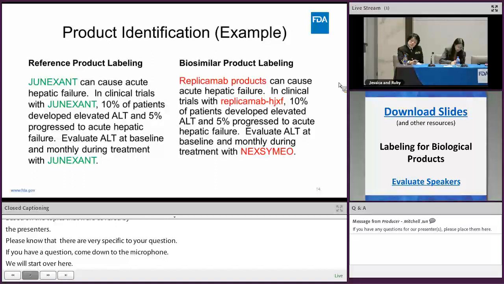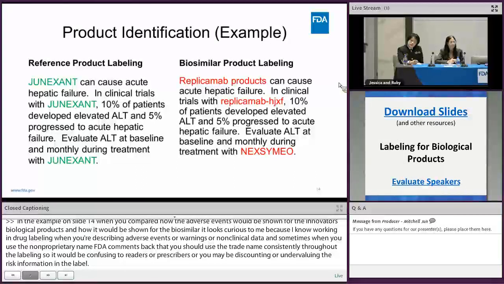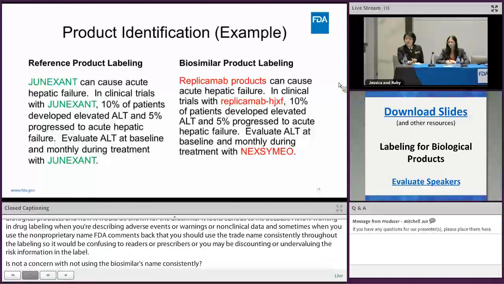Is that a concern with not using the biosimilar's name consistently as shown? Because it seems very different than the feedback we receive for drug labeling.